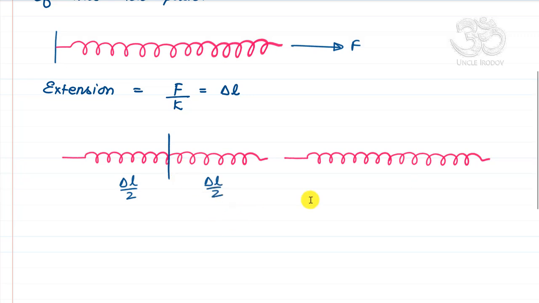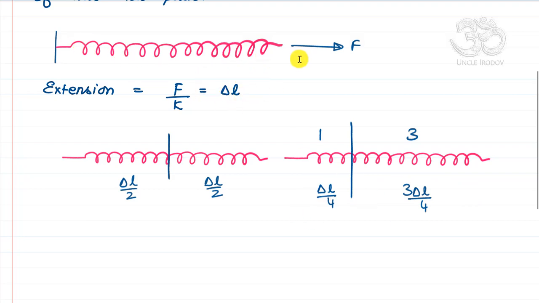The right one, if I break in maybe the ratio 1:3, so I break it up into two lengths, the first one 1/4 of the length and the other one 3/4 of the length, then probably the extensions will also follow the same ratio. The extension here will be 3 delta L by 4, and the extension of the left part will be delta L by 4. If I add up the two extensions, I'm still going to get the total extension of the original spring.